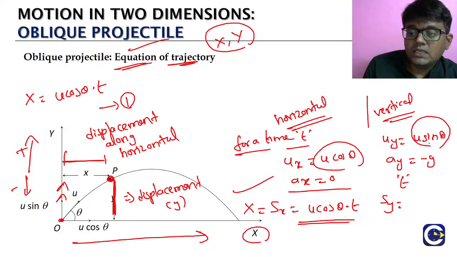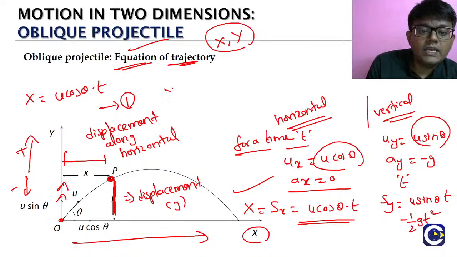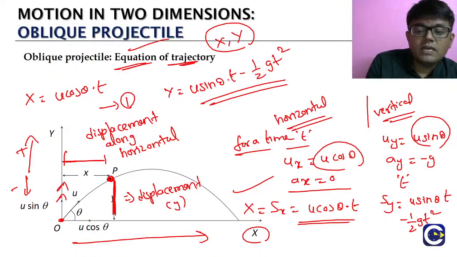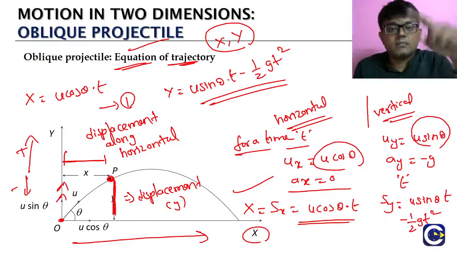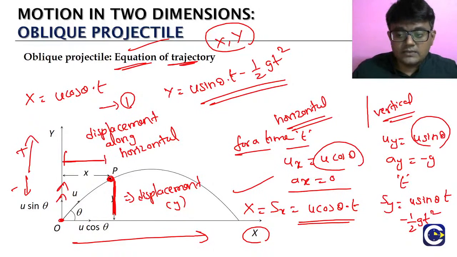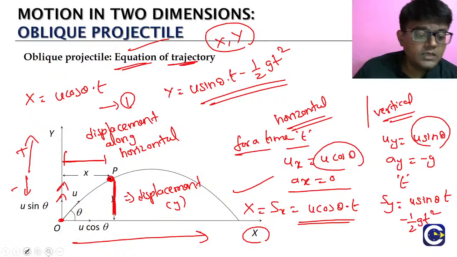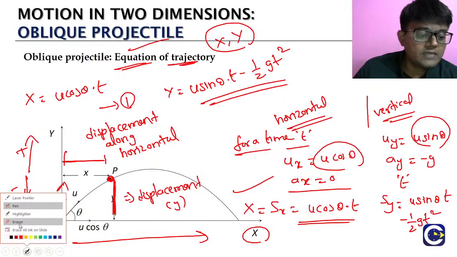Initial vertical velocity is u sin theta, so u sin theta into t plus half at square, where a is minus g. So y is equal to u sin theta into t minus half g t square. The y coordinate is the displacement along the vertical line, and for that we use s is equal to ut plus half at square.